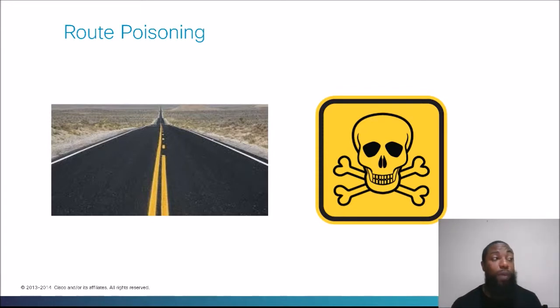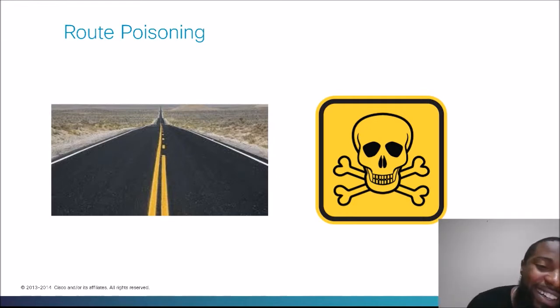Poisoning lets the other routers know, hey, it is impossible to get there. The way it does that depends on the routing protocol, really. It basically says you've got to take a space shuttle to get there, or you've got to go to another dimension. And then another router that sees that the route you were trying to get to is impossible to reach will just be like, oh, that's too long. Let me take this off my routing table. And then basically that poisons the route. I don't know if I really explained that right.